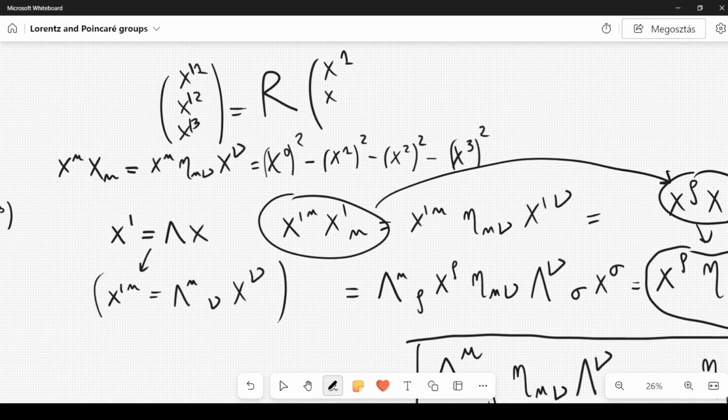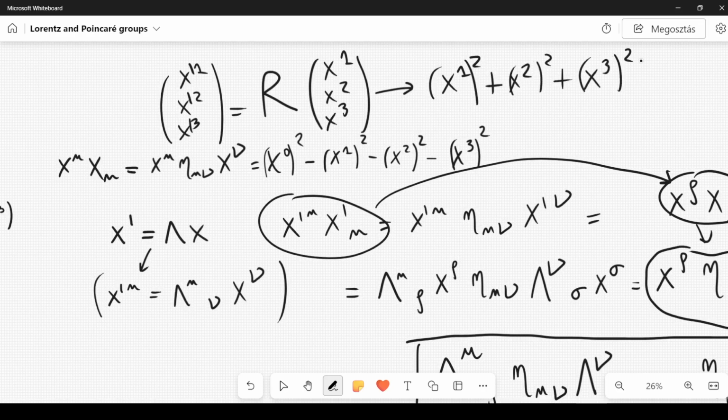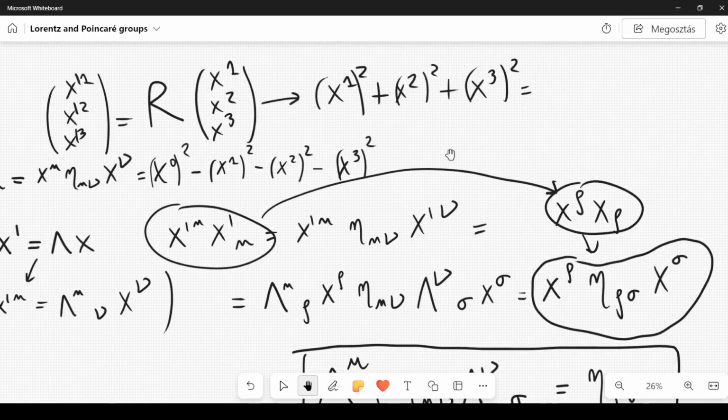You can easily check that indeed this quantity here remains invariant, because we are preserving the sum of the squares. So x1 squared plus x2 squared plus x3 squared must be equal to x prime 1 squared plus x prime 2 squared plus x prime 3 squared.